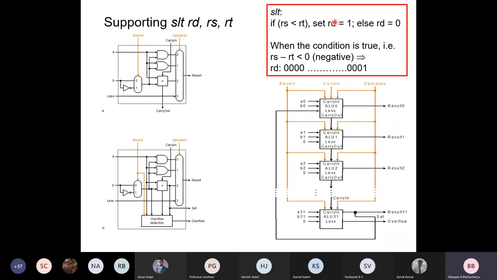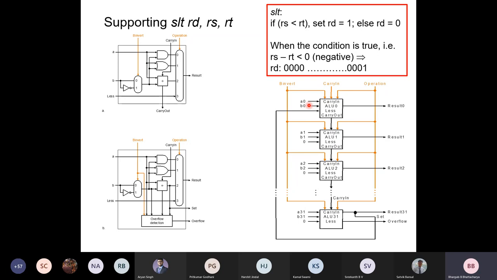destination register RD. So just by a simple hardware modification, you have an adder and a subtractor, and then you do a little bit of feedback here to set this least significant bit. Otherwise, if after subtraction it is not smaller, then this will be a positive number, so the sum bit will be 0 anyway.